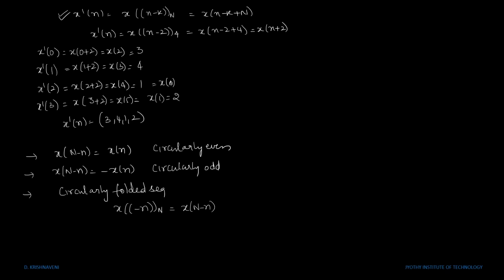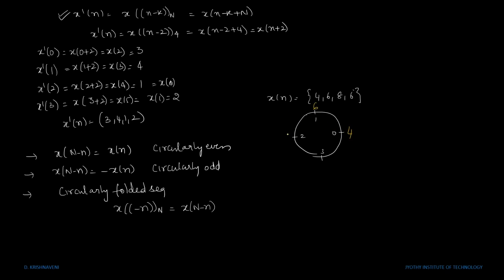So if you consider an example, if the input sequence is x of n equal to 4, 6, 8, 6, then if I plot it on the circle, this is the 0 position, first position, second position, third position. So 4, 6, 8, 6.